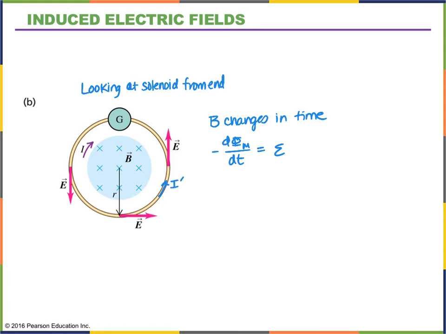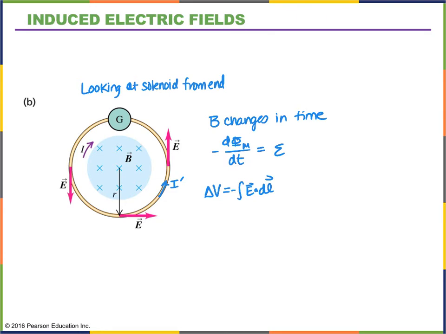Okay, so let's get to the point where we can say there's an electric field. So we learned in previous chapters that there could be a potential difference that was equal to the integral of E dot dl.